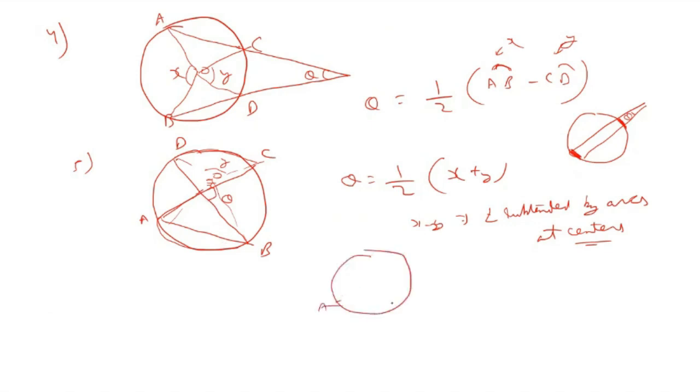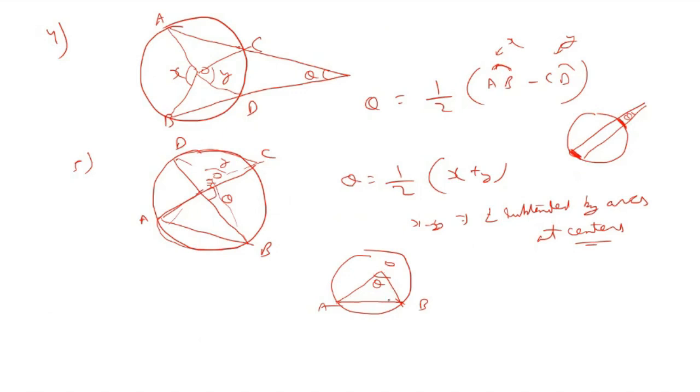If this is the arc and this is the center, the chord AB subtends an angle theta at the center, and arc AB subtends the same angle. So we say the size of the arc is theta, which means the angle subtended by arc AB is theta, which is the same as saying the chord AB subtends an angle of theta at the center, or vice versa.